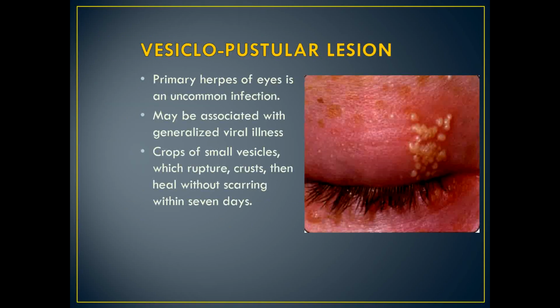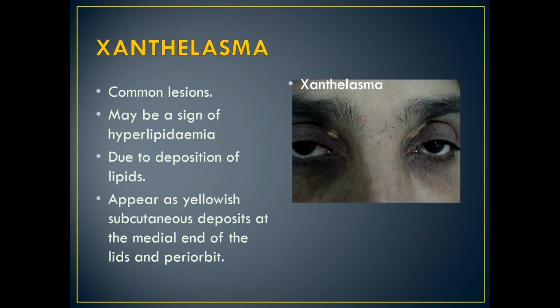If you see such lesions on lids, that is vesiculopustular lesions, these are usually associated with herpes infections. Crops of small vesicles are seen involving the lid, which later on rupture and a crust is formed, and usually they heal without any scarring within days.